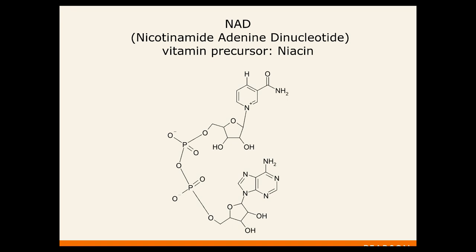One other thing I want to start bringing up is the importance of vitamins. Niacin, which you might have heard of as a vitamin, is a precursor to this. Vitamins play such a critical role in metabolism, but they're support players. They tend to be building blocks for some very important key molecules.